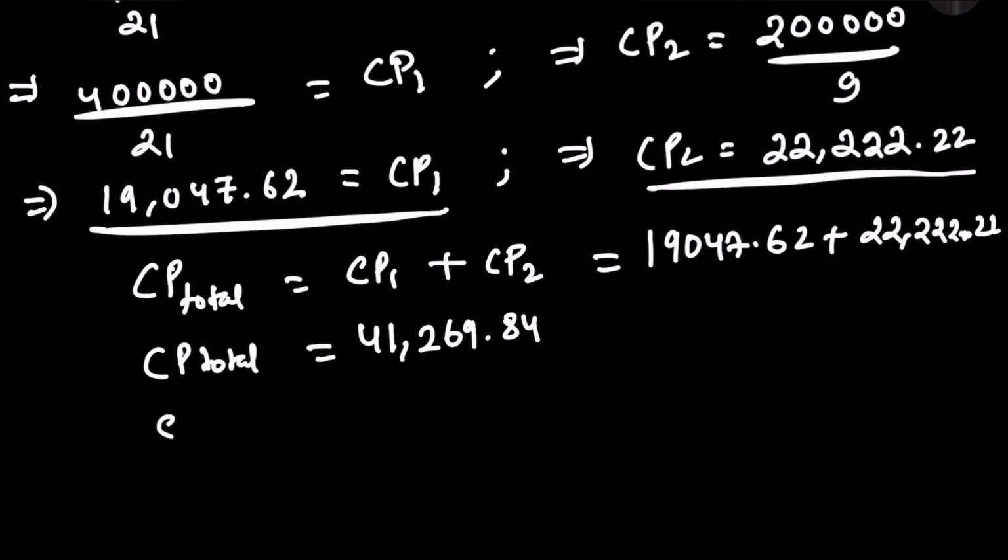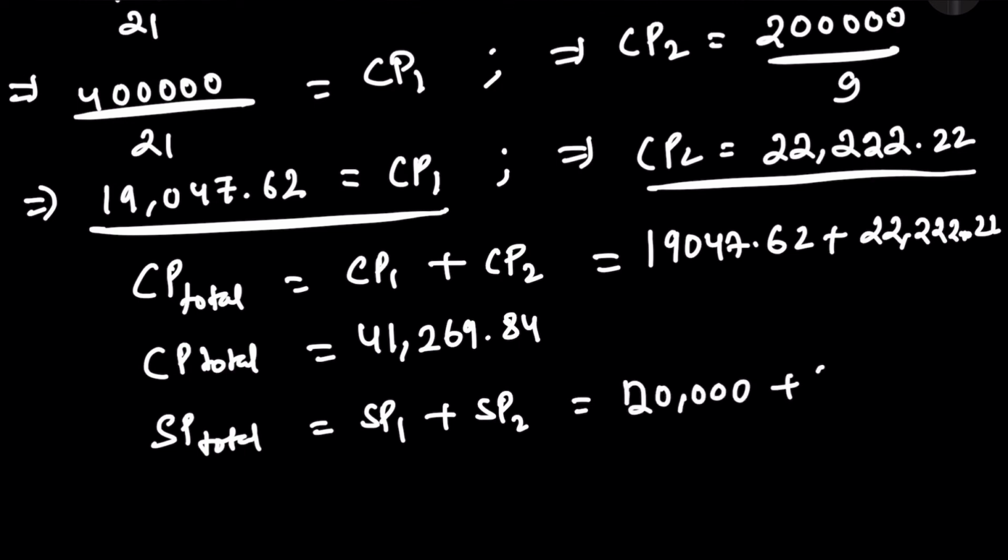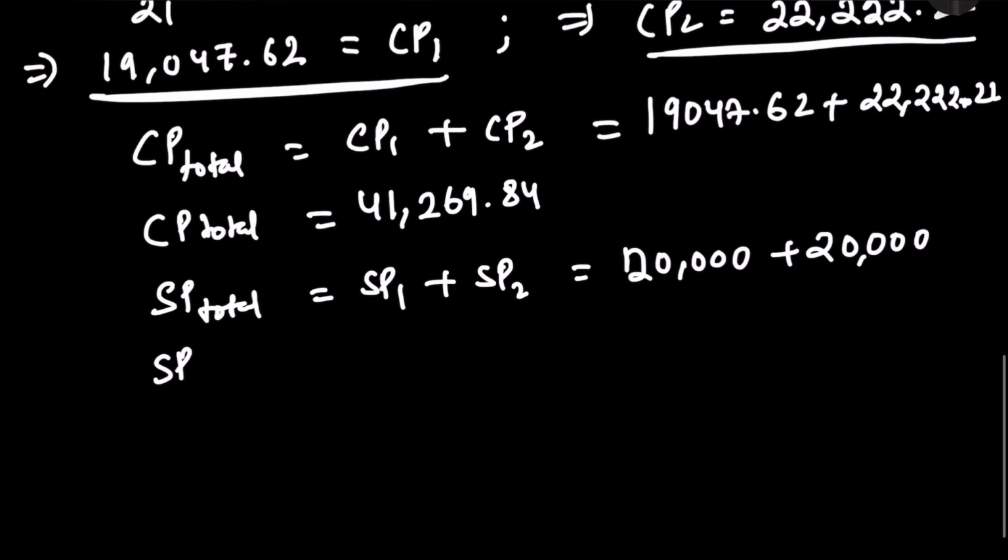Now our total SP is equal to SP1 plus SP2, which is equal to 20,000 plus 20,000. So our total SP is 40,000.